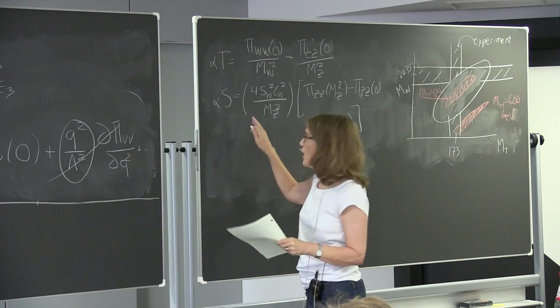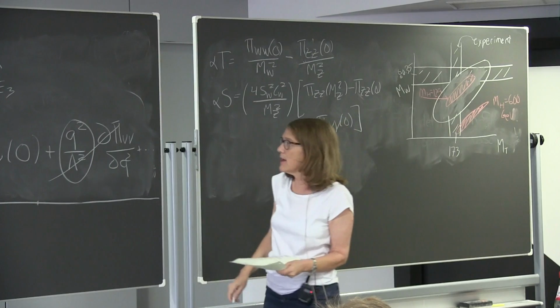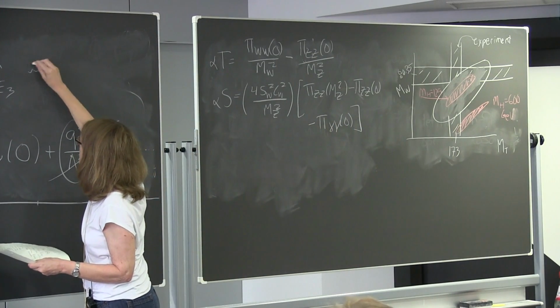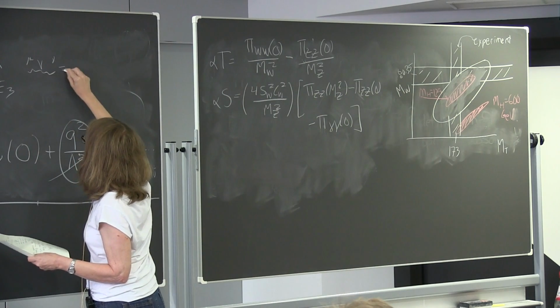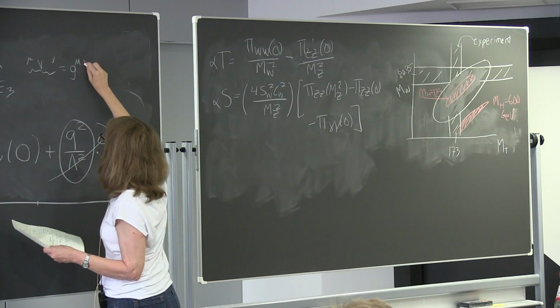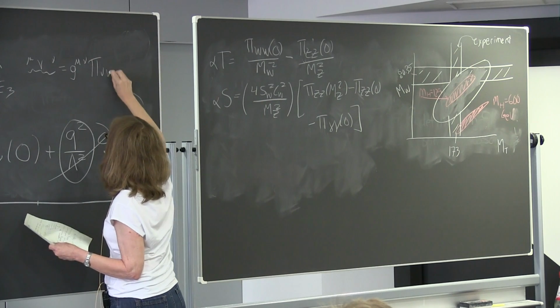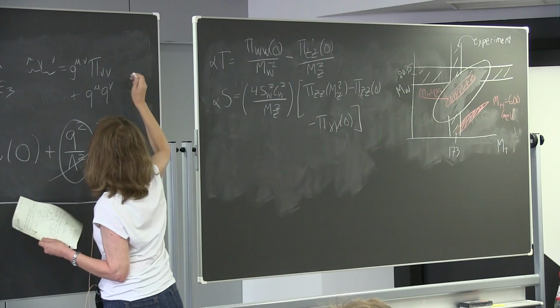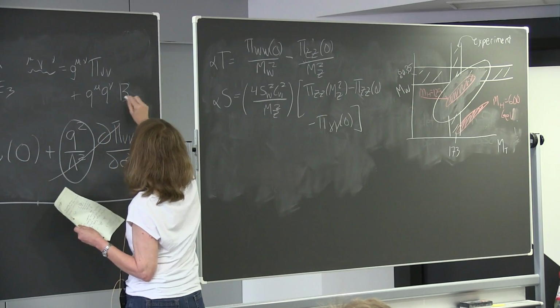Okay, so what do I mean when I say pi VV and so forth? If I calculate the two-point function of a vector boson mu nu, it's going to be g mu nu times pi VV plus Q mu Q nu times, what shall I call it, BVV.